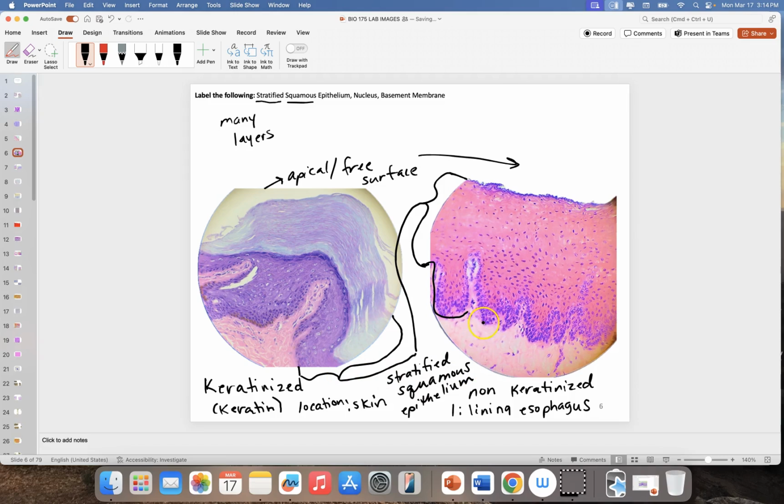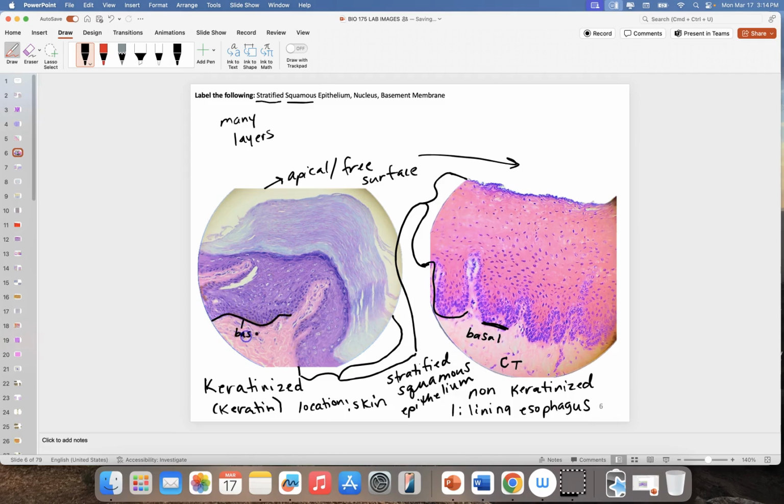And then we can see again this line between the epithelium and the underlying connective tissue. I'll just write CT for short. So this is going to be the basal surface. Same thing over here between the epithelium and the connective tissue.